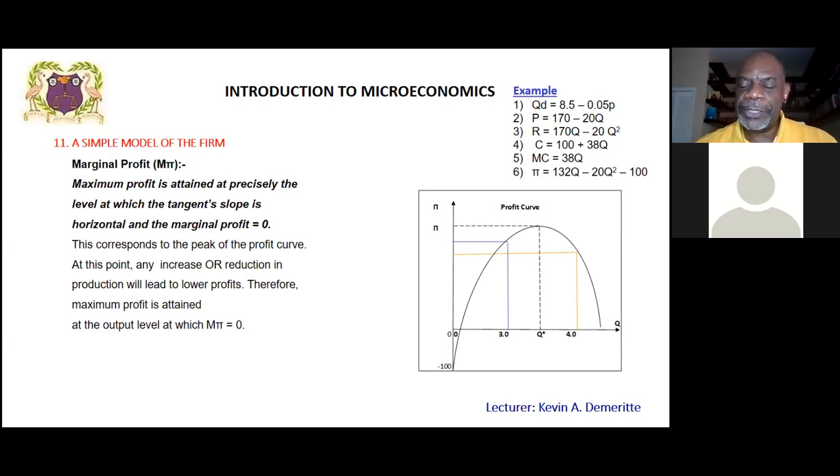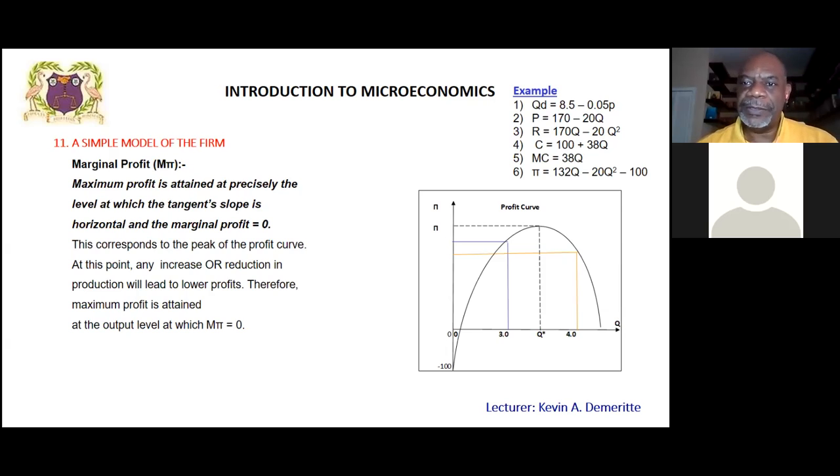Whether you're a producer, a manufacturer, whether you have a small business, a sole proprietorship, a mom and pop store. All right. So we're taking the perspective of the company, of the firm. Now, we're very familiar with the demand equation, the demand function.